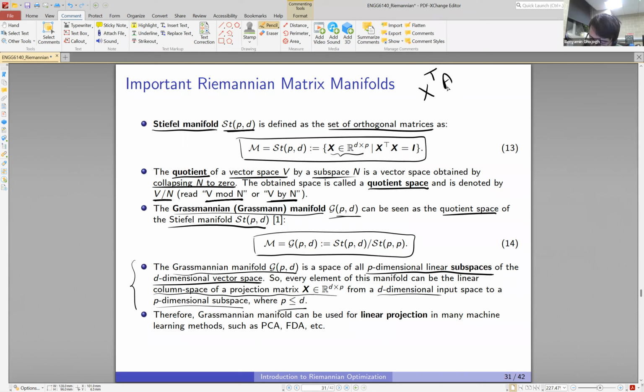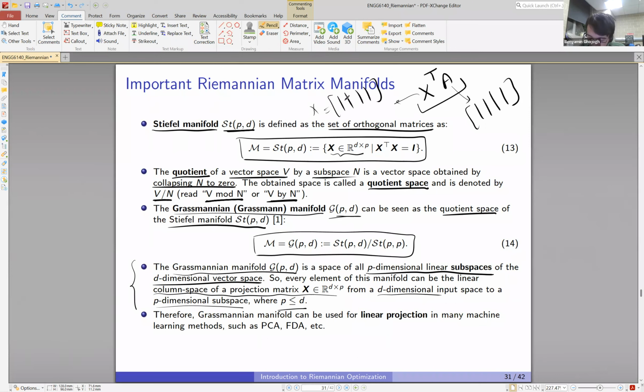X transpose A projects the columns of A onto the column space of X. So it's a linear projection. So assume A has some columns. Okay. And X itself also has some columns.